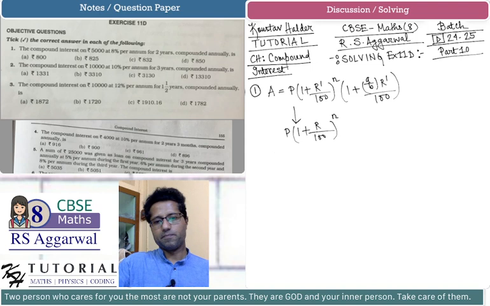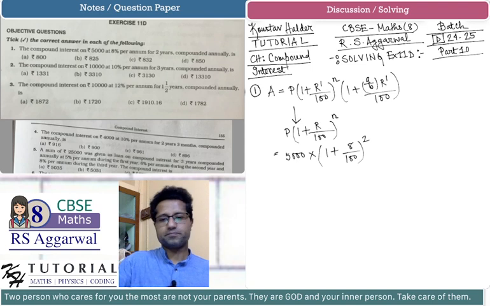So now we can substitute the values. P is given to be 5,000, R is 8% per annum, 8 by 100, and n is 2 years.